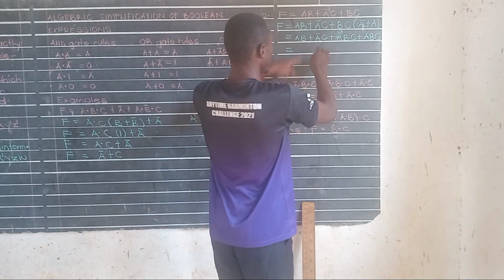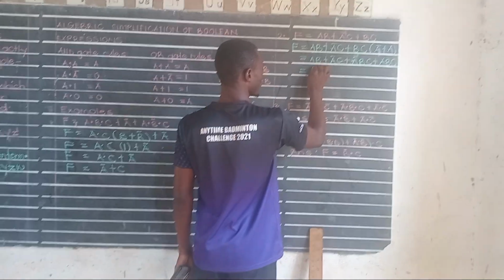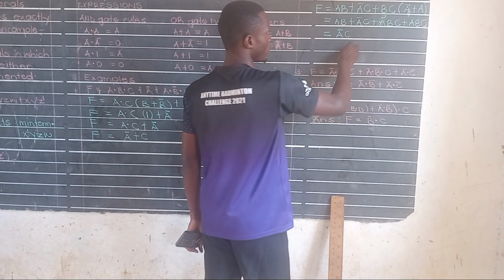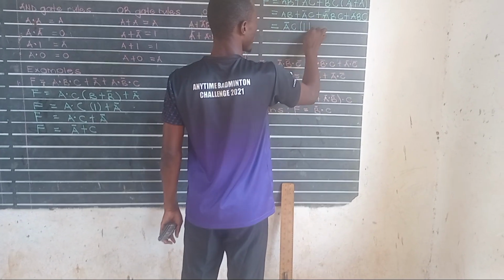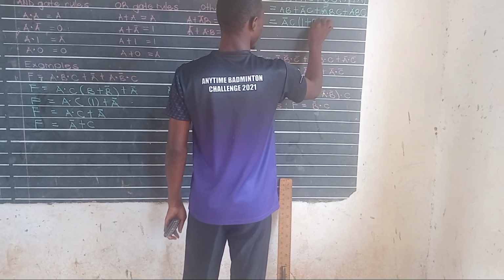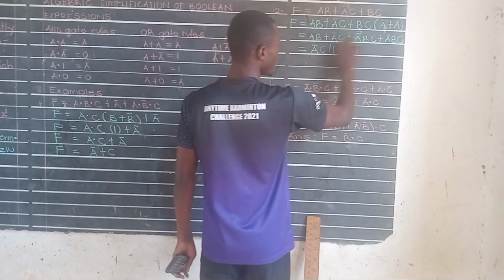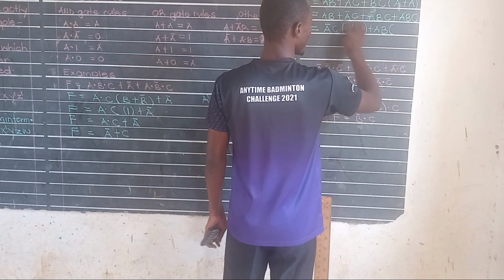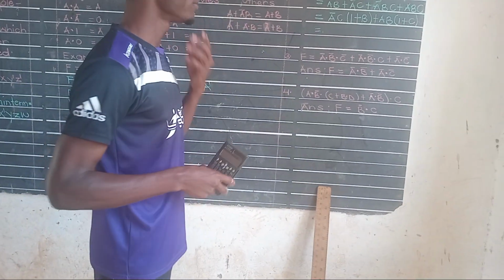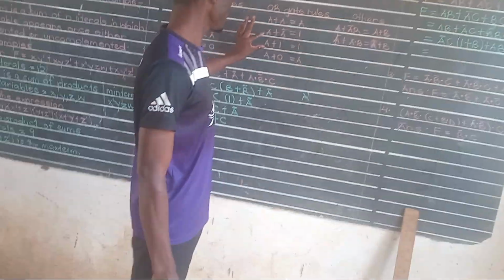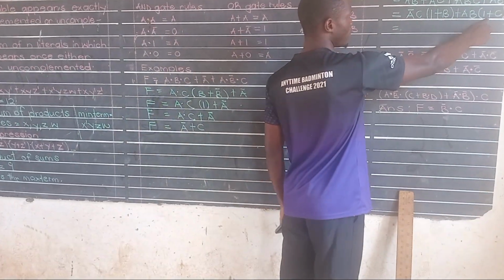And similarly to these two, this one and this one, let us have it as not A C into 1 plus B, this is from these two terms, then these two, this is AB, this is AB, into 1 plus C. So I think I can further refer to my rules because they are telling me that A or 1 is 1, which implies that this is a 1 and this is also a 1.